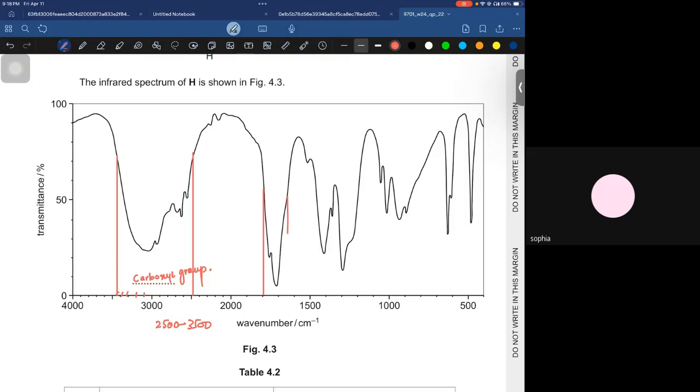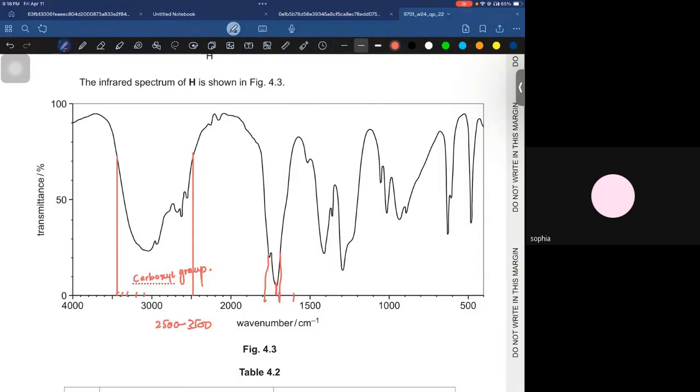And this peak is approximately from 1600 to 1700, in between this range.